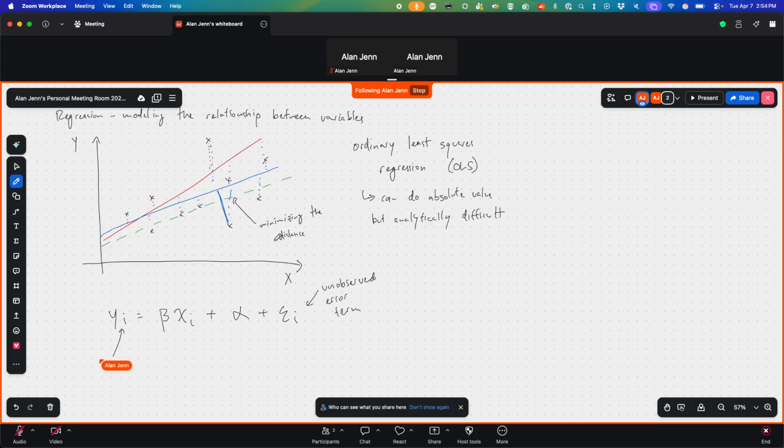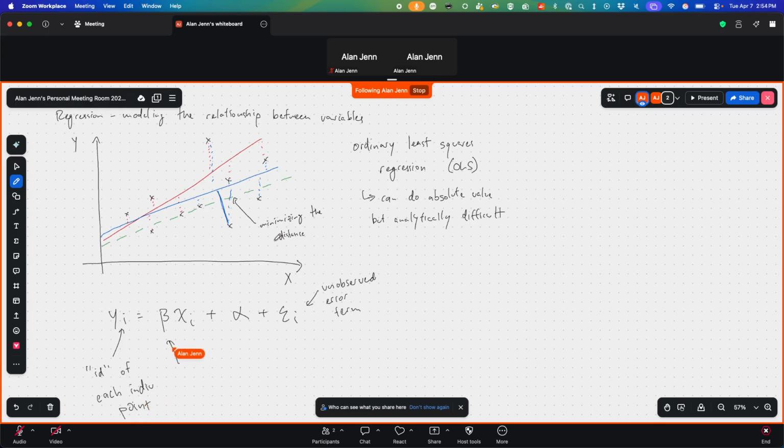The i is referring to the ID of each individual point.